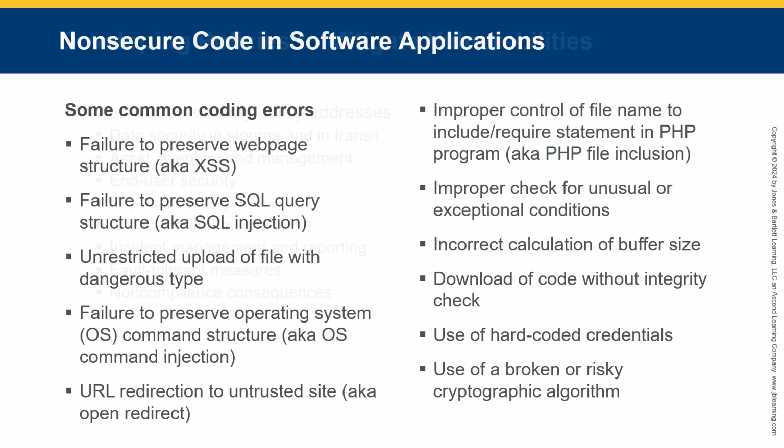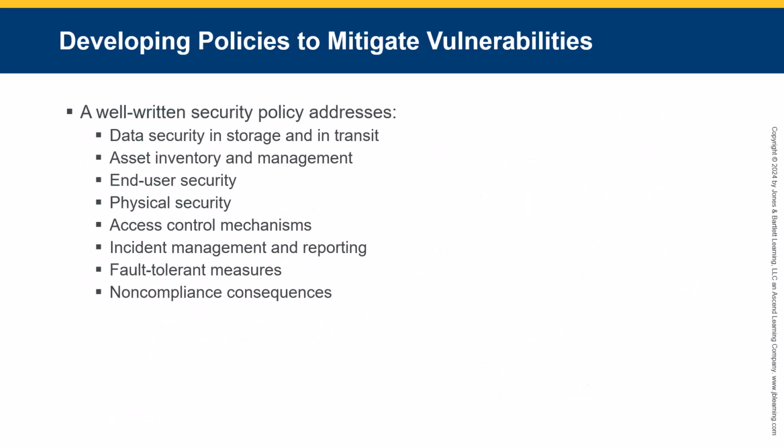So what you want to be focusing on is developing policies to mitigate these vulnerabilities. Normally, if you have a security policy, it should address things like prevention of all of these. You should also be able to address data security and storage and transit, asset inventory and management, end-user security, physical security, access control mechanisms, incident management, reporting, collection.